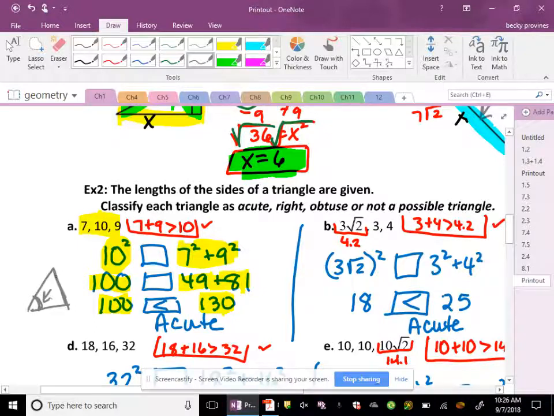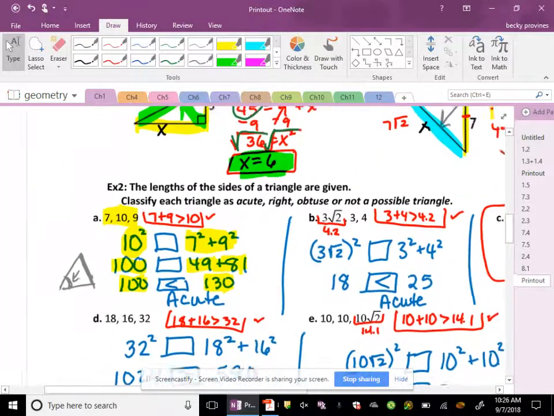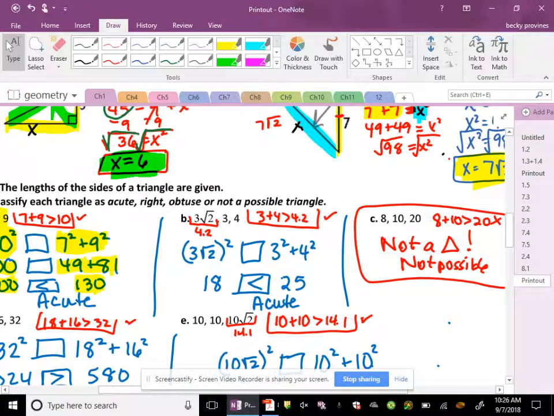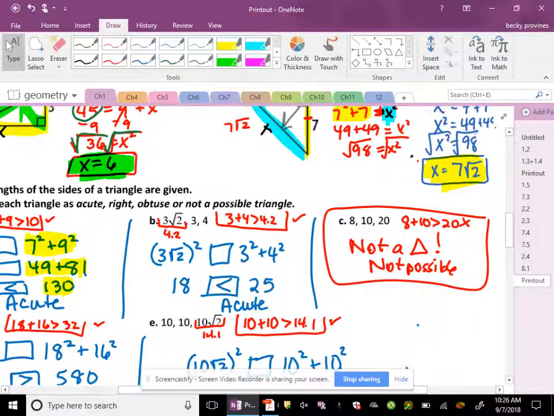So if this side's small, that means this angle is also small. So that is acute. That's how I think of it. Now, if it was flipped the other way and my hypotenuse was big, that means the angle across from it was really big, which means it is obtuse. Okay, hopefully we'll have one of those in a second.